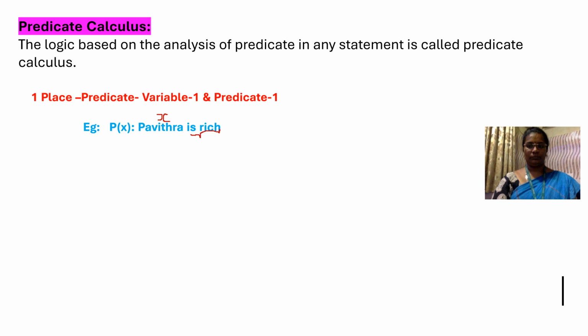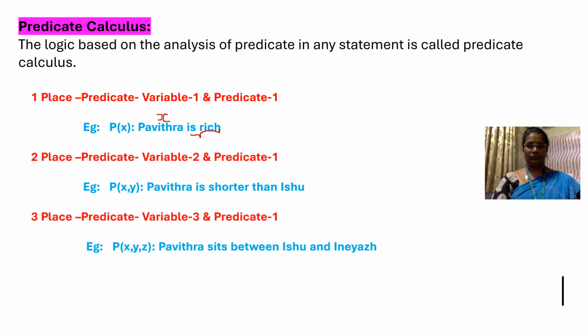Now if you just look into the next example, that is a two place predicate. So you will see that it has two variables and one predicate. So now if you look into the example P of x comma y, that is Pavitra is shorter than Aishu.